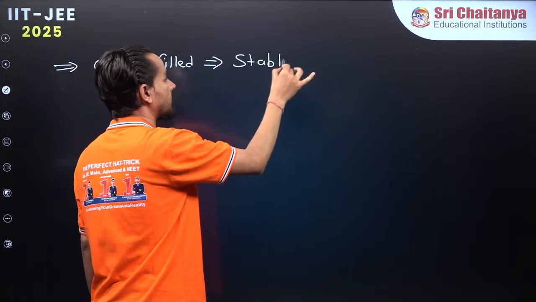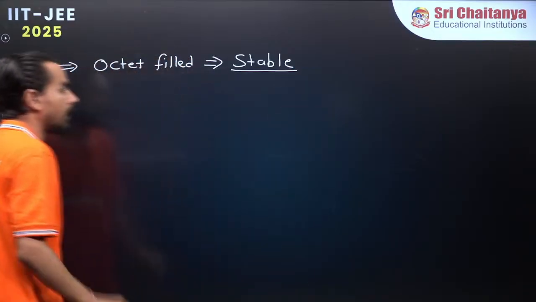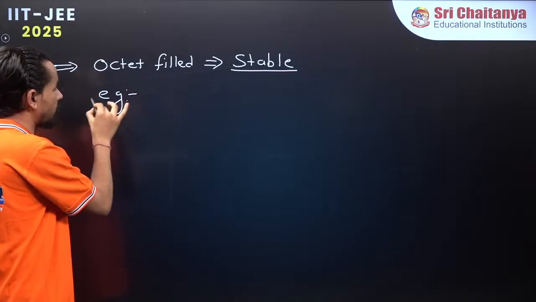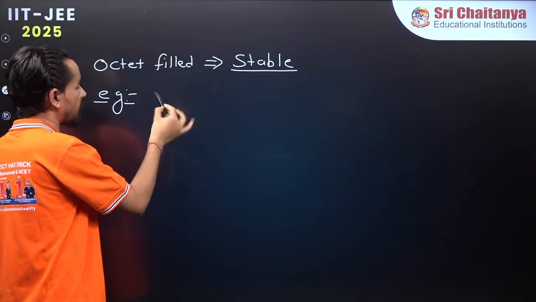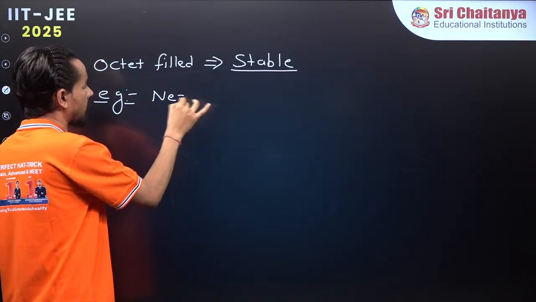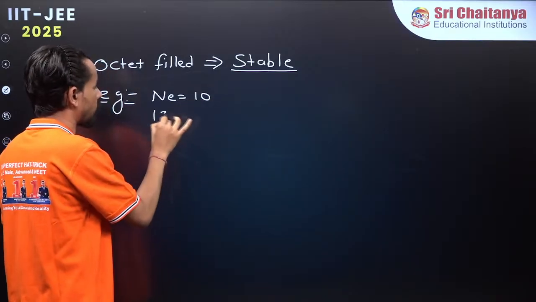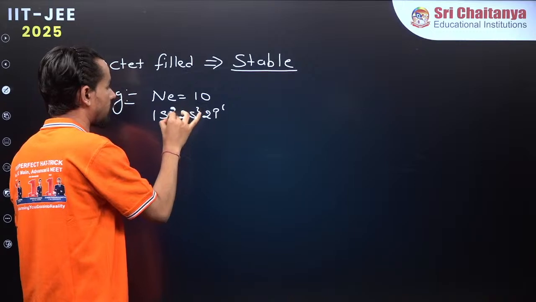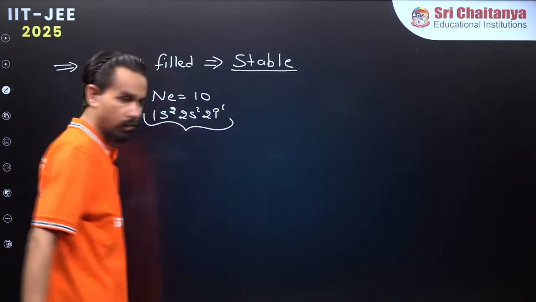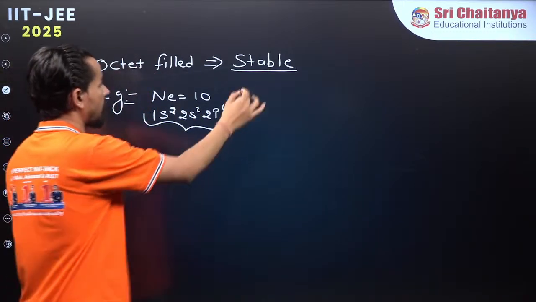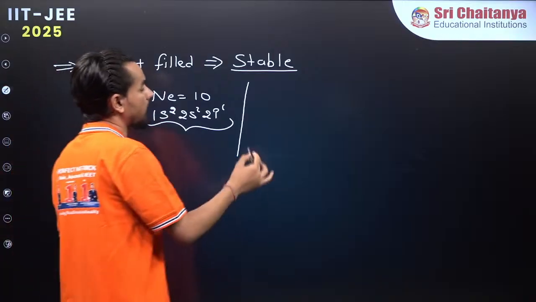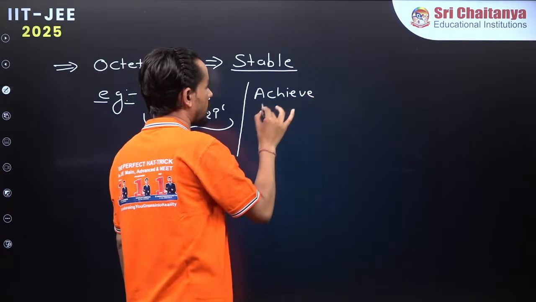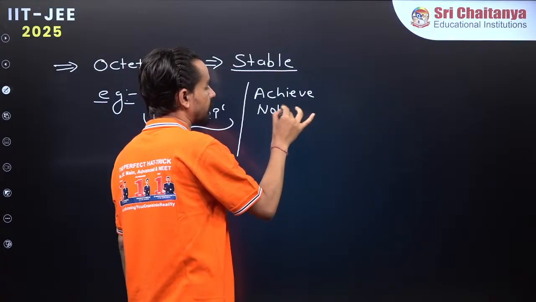There are some examples of that, noble gases, for example, you can say neon, atomic number 10. Okay, 1s2, 2s2 and 2p6, it has filled octet, so it is stable. Or we can say everybody wants to achieve configuration like a noble gas.